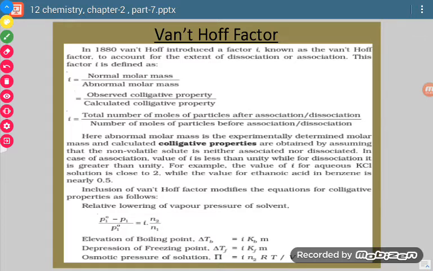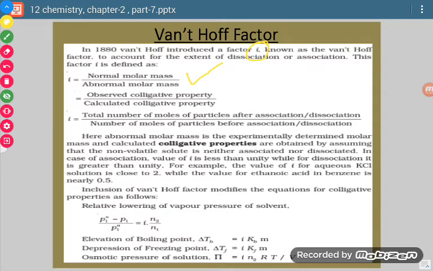For countering this, there is a factor called the Van't Hoff factor. Now Van't Hoff is the name of the scientist. This factor is denoted by i. Okay. Now what is i, or what is the Van't Hoff factor? i is equal to normal molar mass over abnormal molar mass.